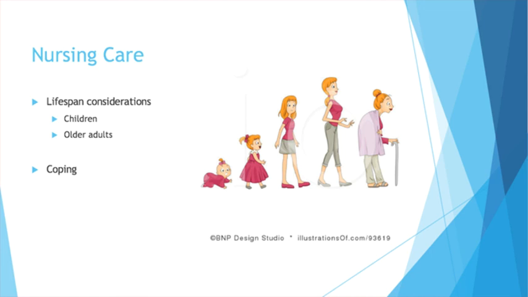So some lifespan considerations, right? Because treatment needs to be tailored as people go through the different lifespan. With children, you're going to want to look at their developmental stage and cognition, right? Obviously, an infant or a preschooler can't really do their own self-management, so you're going to want to include their primary care provider, whether it's mom, dad, or whoever it may be.